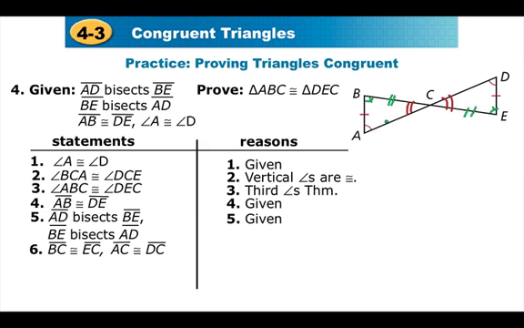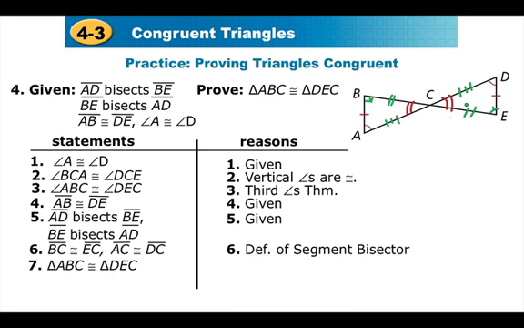In the same manner, AC is congruent to DC, and this is by definition of segment bisector. At this point, I have shown that corresponding angles are congruent, corresponding sides are congruent. So these two triangles are congruent by definition of congruent triangles.